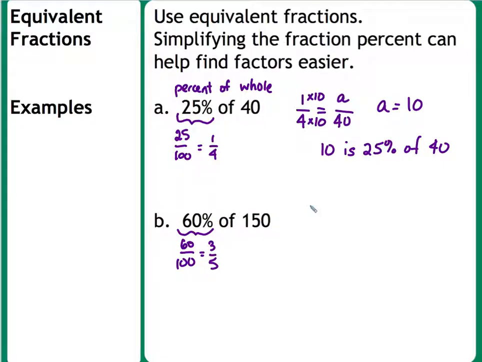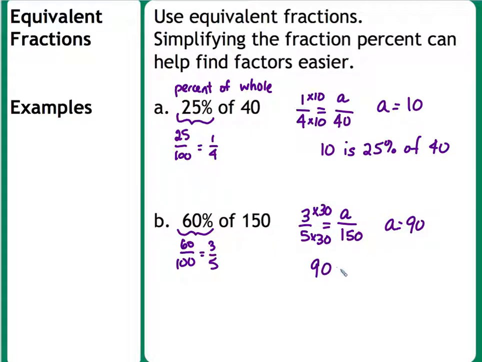Similarly, we have 60% is 3/5 equals, now we don't know what the part is, but we do know the whole is 150. So what do we multiply 5 by to get 150? We multiply by 30, and 3 times 30 is 90. So A is equal to 90.